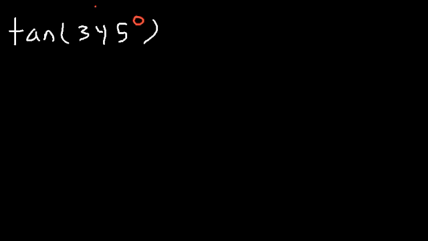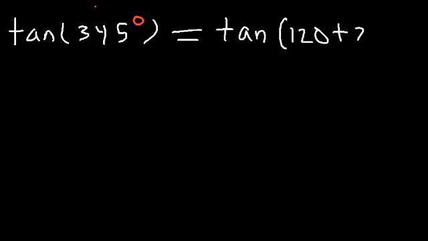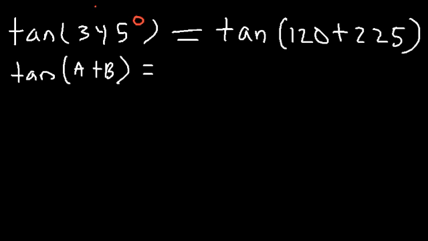So what two angles can we use that adds up to 345? Two angles that we can use are 120 and 225. 120 plus 225 is 345. So this time we need to use the tangent A plus B formula, which is going to be tangent A plus, this side stays the same, the first one on top.